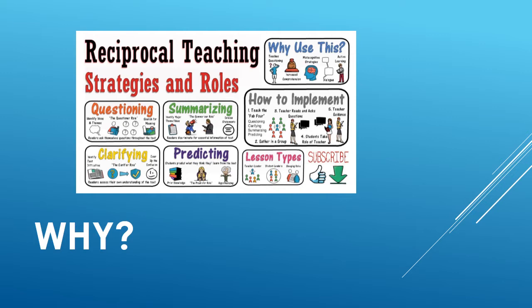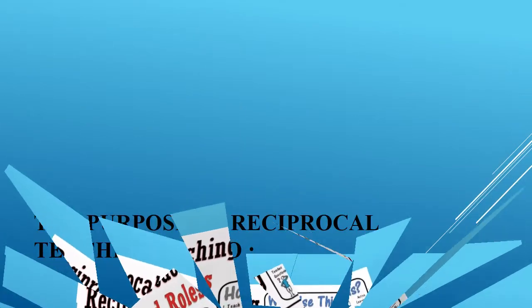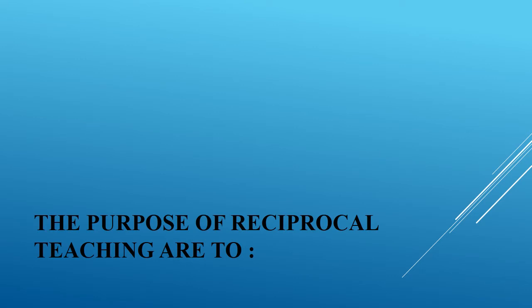Okay, try to think of different other purposes, different other objectives of reciprocal teaching. I'll help you, giving you some hints in order to help you just to think of more. Try to create more and more. If you think you will create tens of purposes.